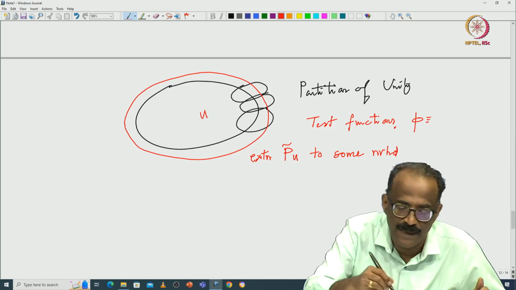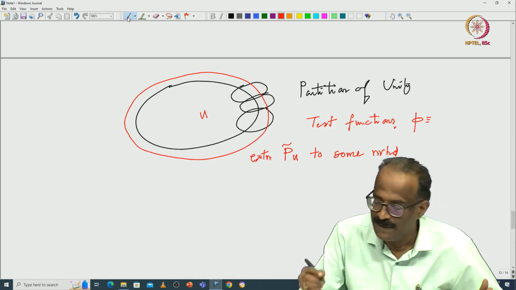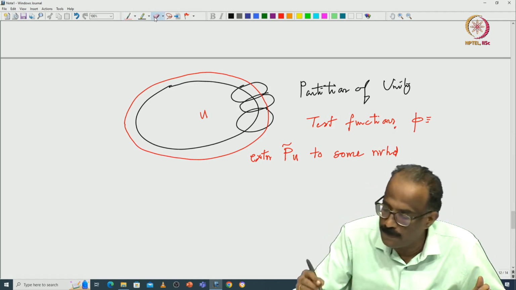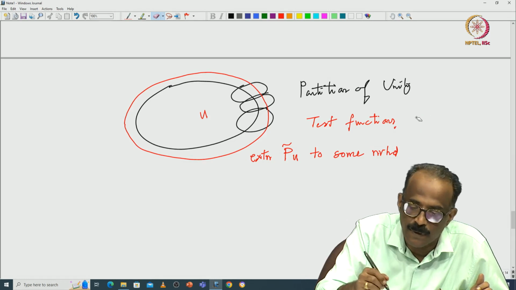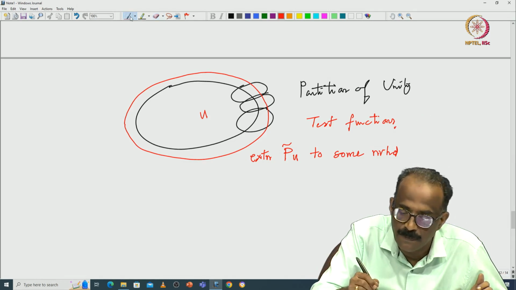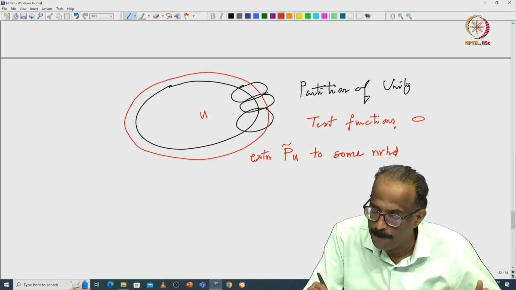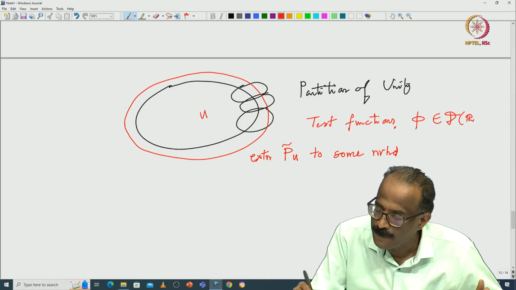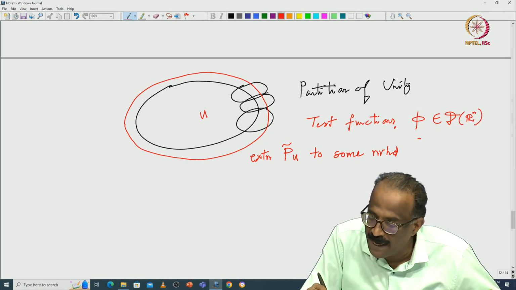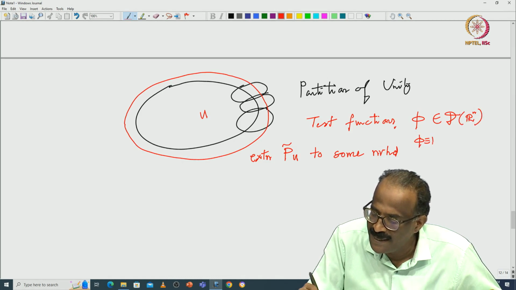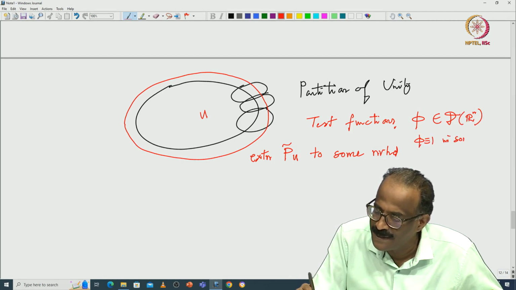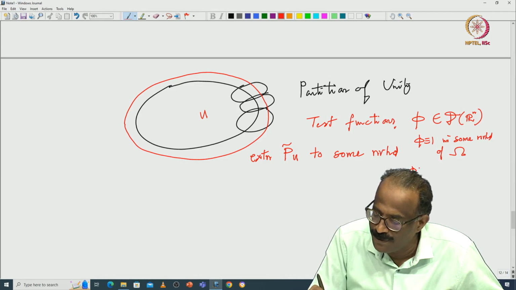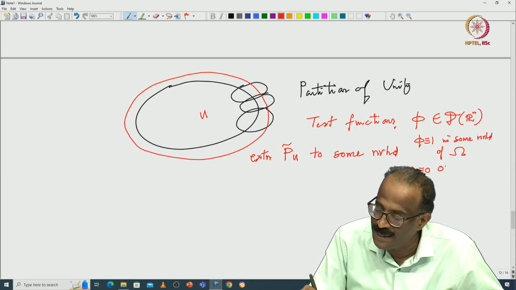Test functions are of this form: phi is in D of Rn, and phi is identically 1 in some neighborhood of omega, and phi equal to 0 outside some neighborhood.